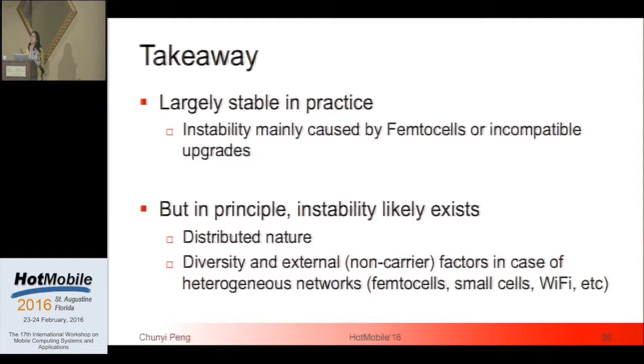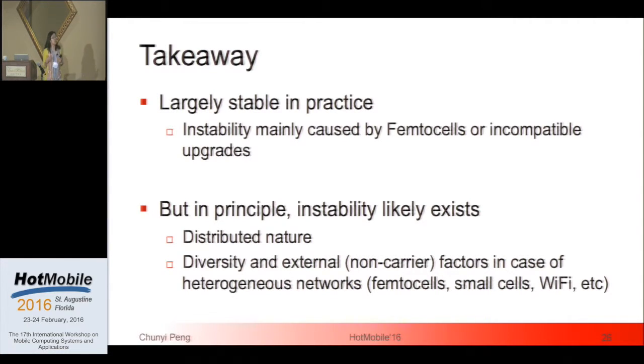So this is actually the contribution of the very nice engineering efforts from the mobile industry. But I want to emphasize that in principle, such nice engineering efforts cannot guarantee stability. This is due to the distributed nature: each cell has its own independent preference, and without prudent design, it can cause instability.